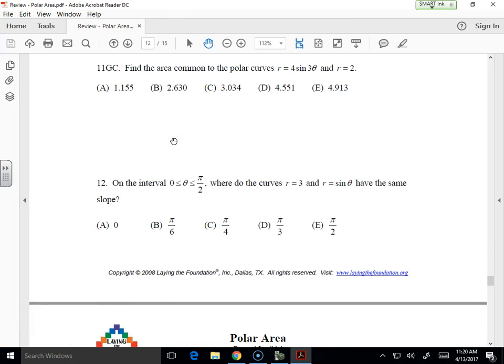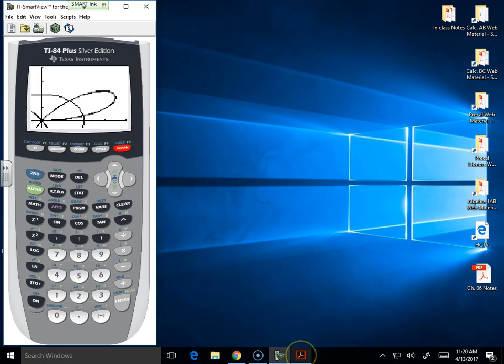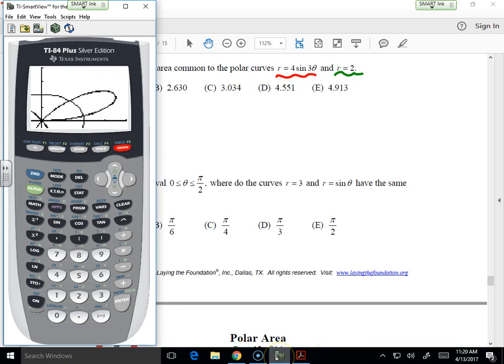Area in common to the polar curves for sine of theta and r equals 2. So we have a circle and we have 4 leaf rows. I started it at 3 leaf rows, I apologize. Long story short, this intersection point right here and this intersection point right here.